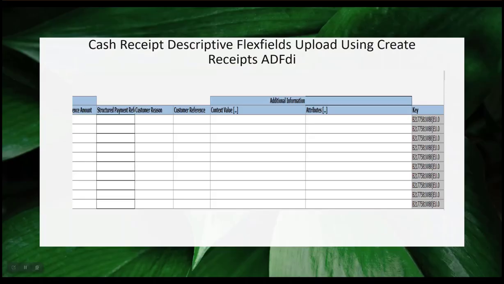Organizations often have a requirement to store additional information related to cash receipts. Use the DFF values to enter additional information for tracking, reporting, accounting, and storing cash receipt details.